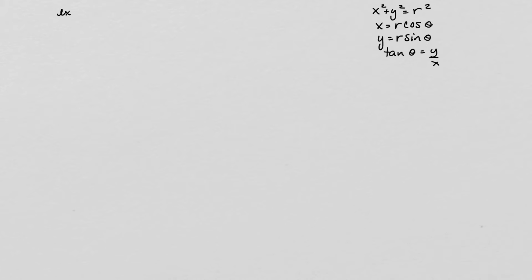So my first problems here are: convert the following points to polar. So A, 2 comma minus 2.